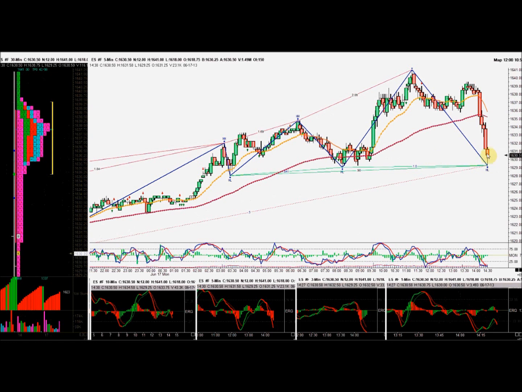It might consolidate for a while in this area, trying to get past this level. Let's see what happens. And what I'm going to do at this point, because I'm down 5 points below, is go ahead and move my stop.